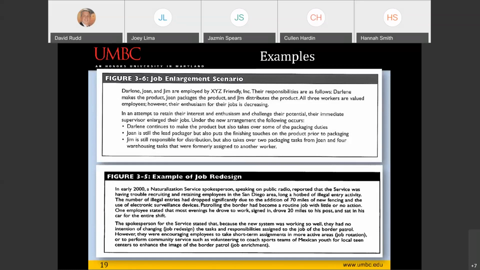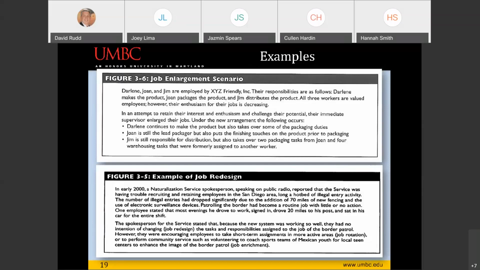The spokesman for the service stated that because the new system was working so well, they had no intentions of changing or redesigning the tasks and responsibilities assigned to the job of the Border Patrol. However, they were encouraging employees to take short-term assignments in more active areas, a job rotation, or to perform community service, such as volunteering to coach sports teams or work with Mexican youth at local teen centers to enhance the image of the Border Patrol.